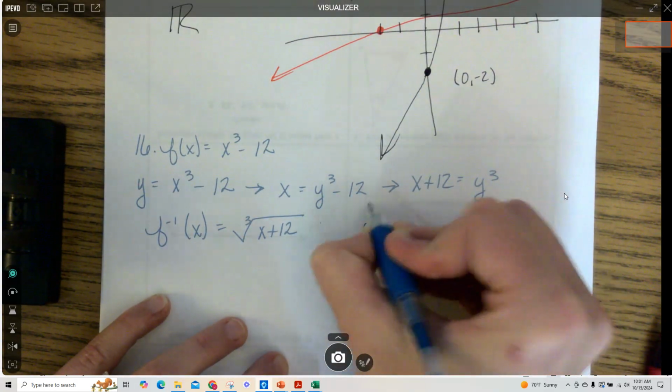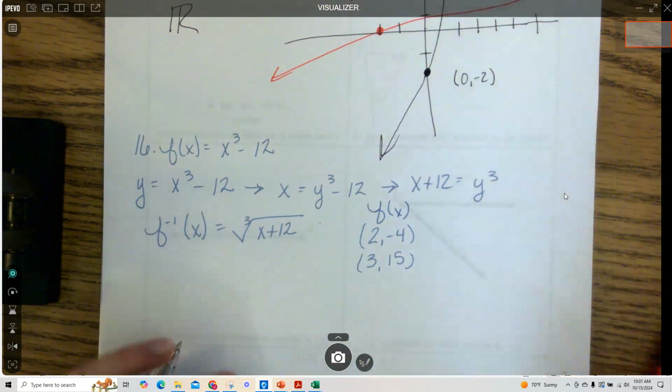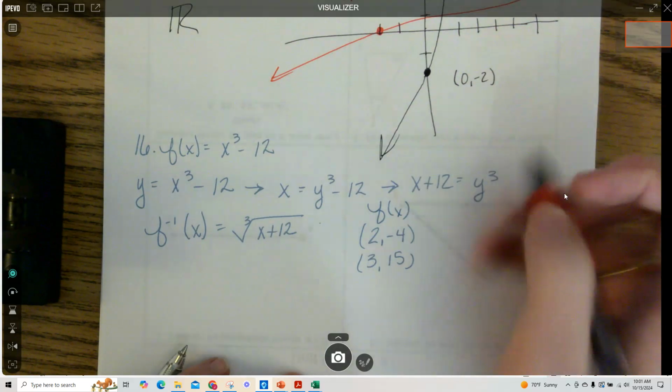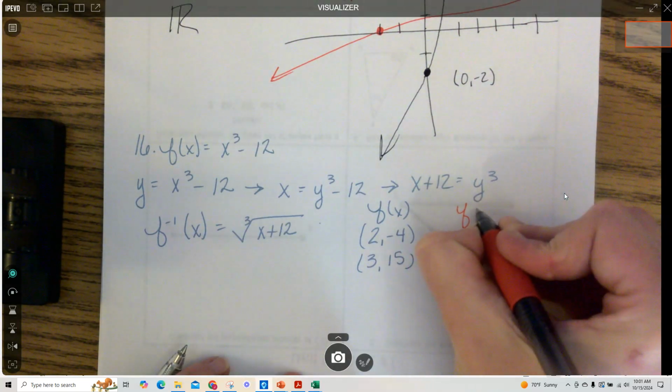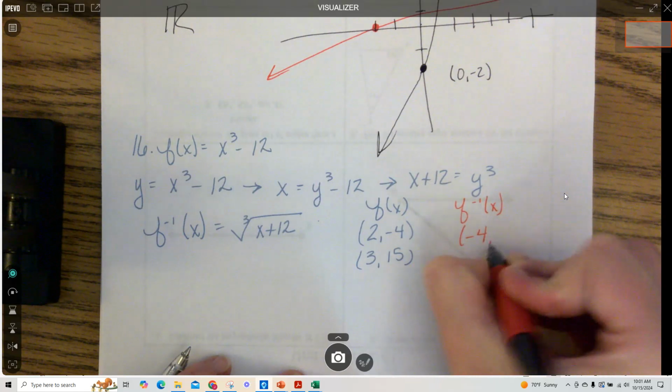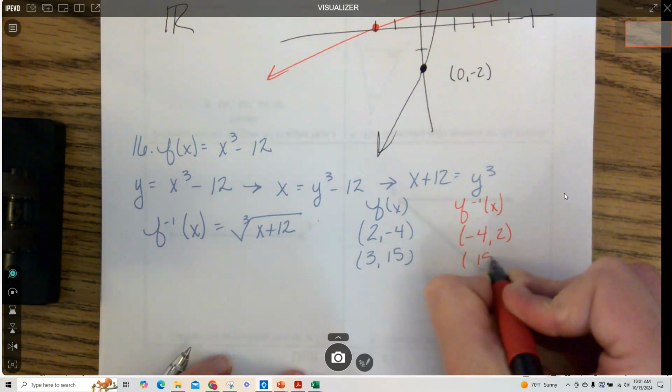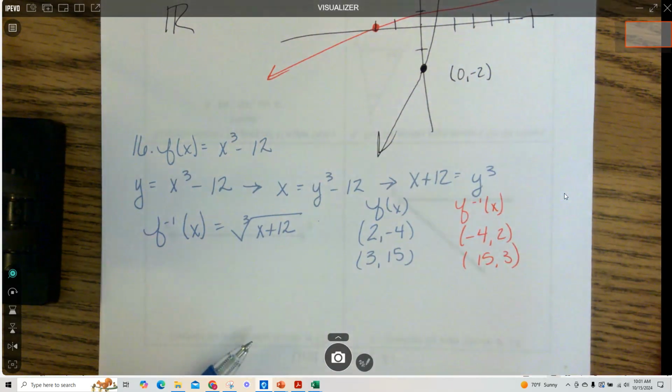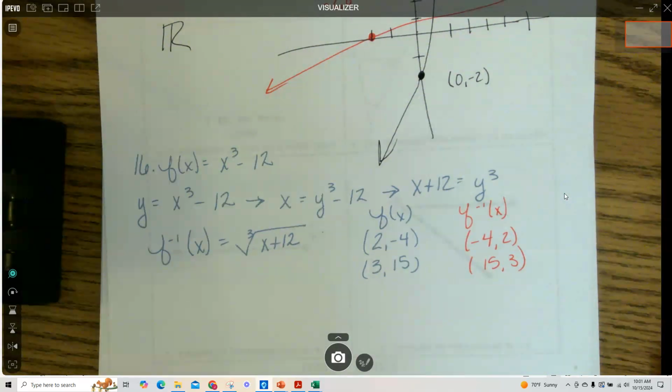These are ordered pairs for my original, which means for my inverse, it would be -4, 2 and 15, 3. I just try to find easy numbers to work with, not ginormous, not fractions, not anything like that.